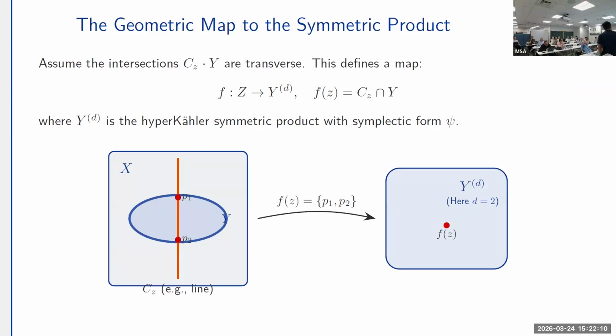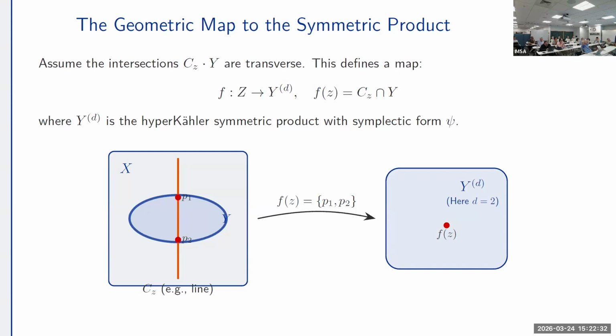We will assume for simplicity that the intersections are transverse. Now it depends on the degree you have, in how many points you will intersect this boundary Y, this K3 surface. Let's think of the simplest case: you have a line, and on the cubic threefold, Y is given by cutting X with a degree 2 hypersurface.